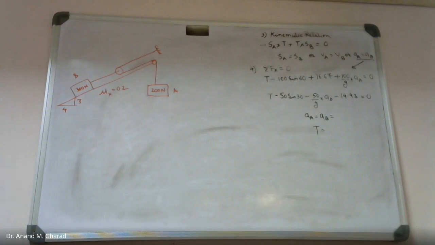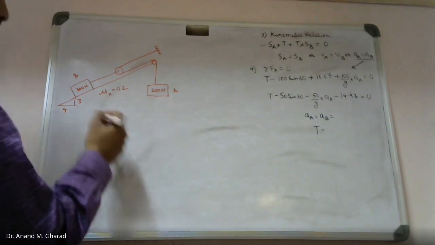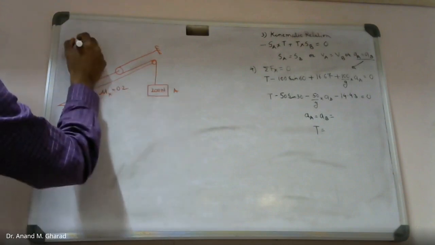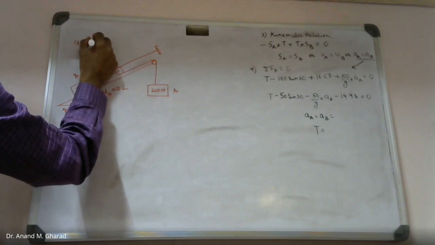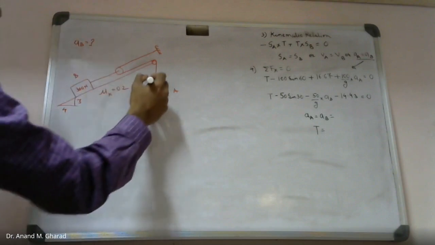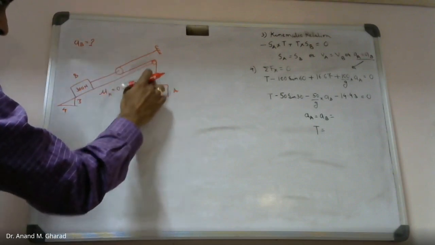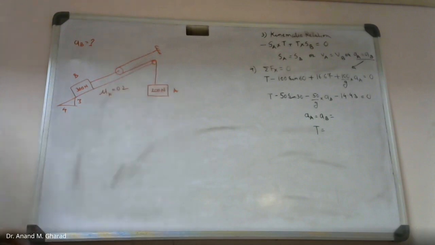Okay, you are supposed to identify the acceleration of block B and the tension in the cord supporting block A. Okay, you are supposed to find out acceleration of block B and the tension in this cord which is supporting block A. So very quickly let me know.